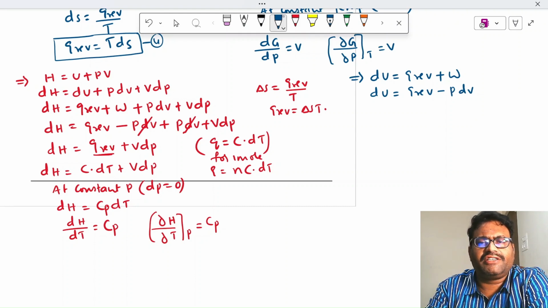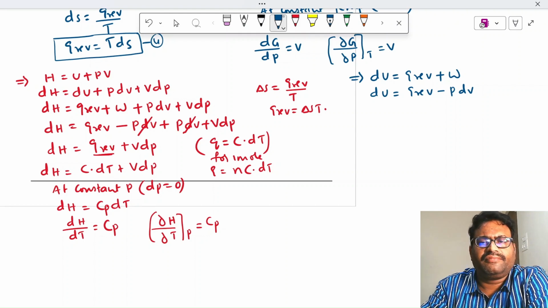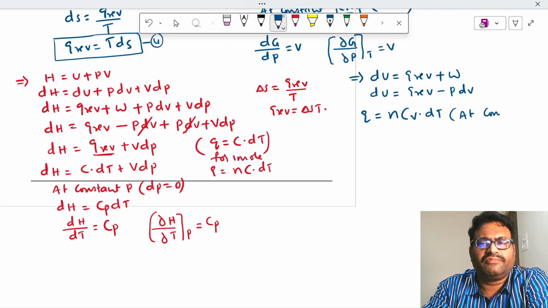Then we know that Q reversible, directly you can write Q. So Q is equal to nCv delta T at constant volume, right? So substitute this at constant volume.